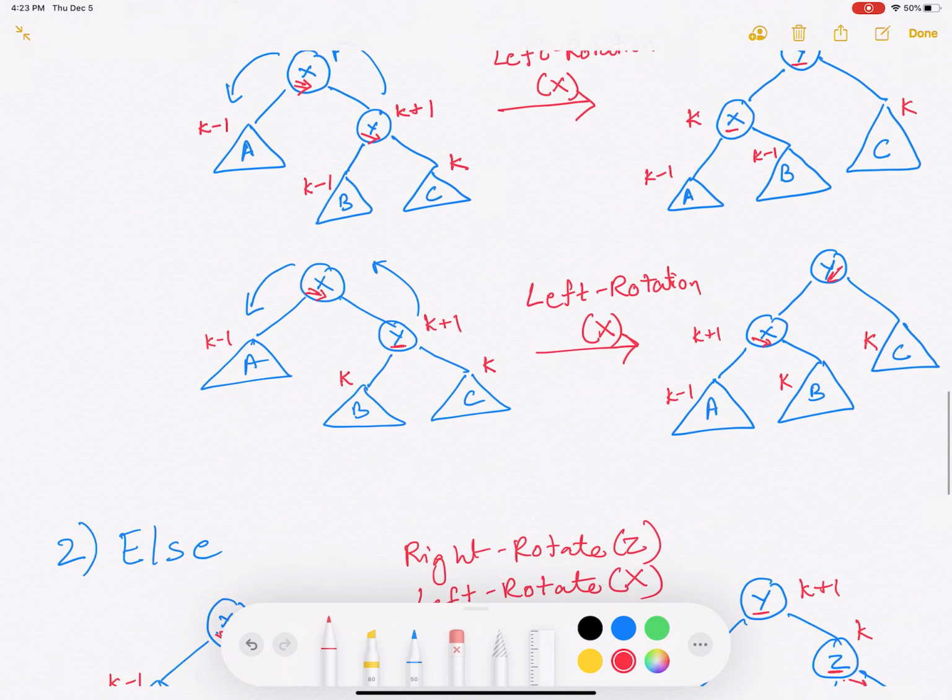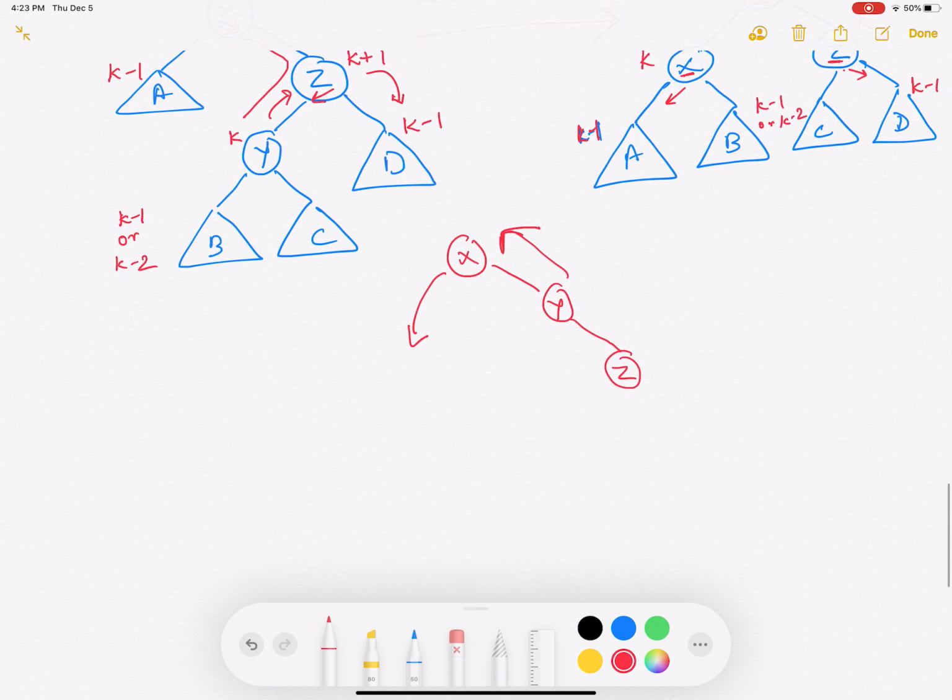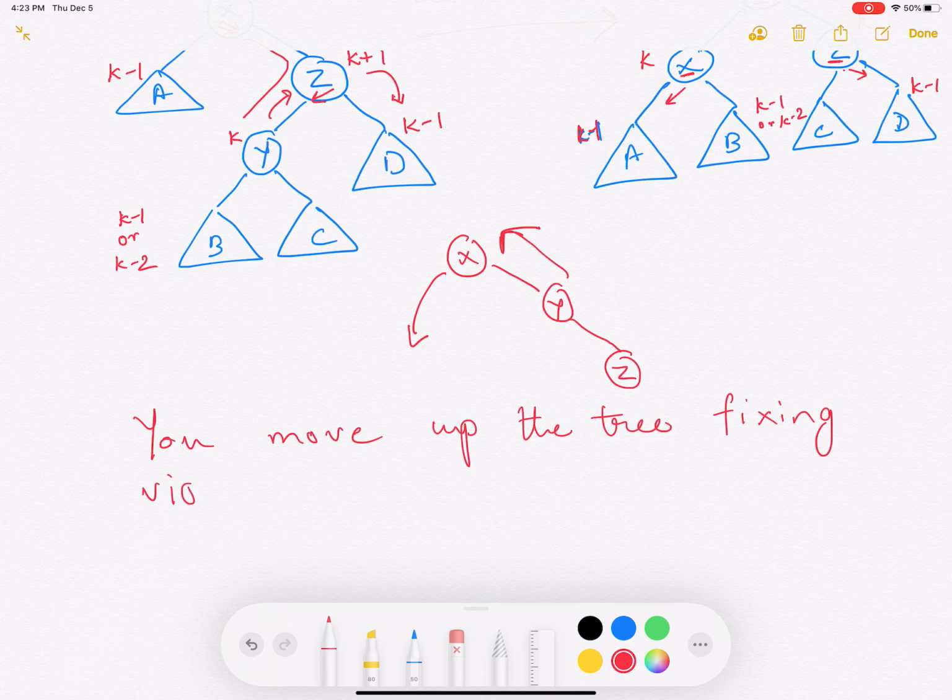Once you fix this, you'll have to move up the tree fixing violations. Either you have to use a single rotation, or you have to use a double rotation, or 2 rotations.